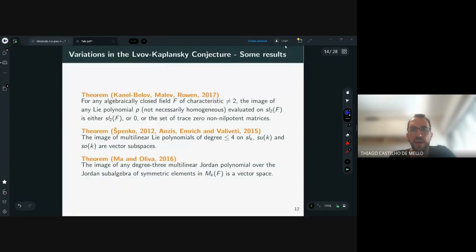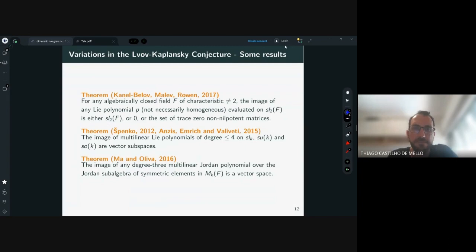Okay, and I'm going to mention some results in this direction, which are not considered over matrix algebra, but other, not necessarily associative algebras. Here, for instance, when you consider the image of a Lie polynomial on SL2, they show that the image is SL2 or 0, or the set of trace 0 nilpotent matrices.